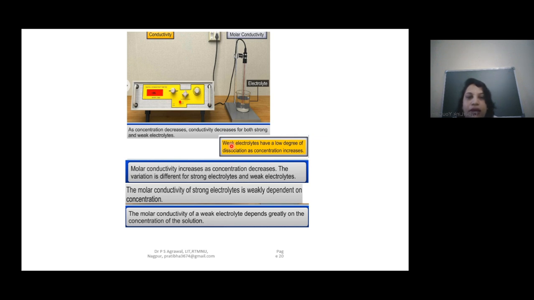Molar conductivity increases as concentration decreases, meaning dilution. The variation is different for strong and weak electrolytes, as we have discussed just now. The molar conductivity of a strong electrolyte is weakly dependent, and the molar conductivity of a weak electrolyte depends greatly on the concentration of the solution.